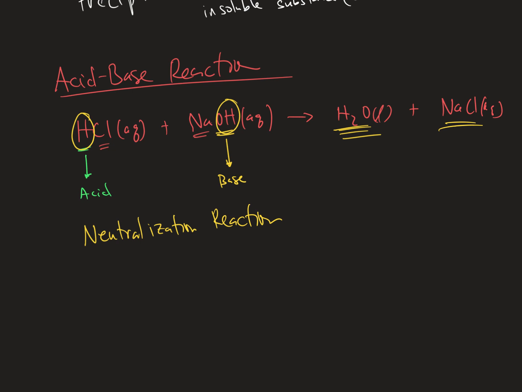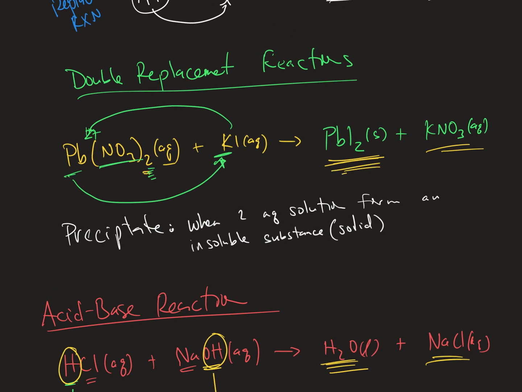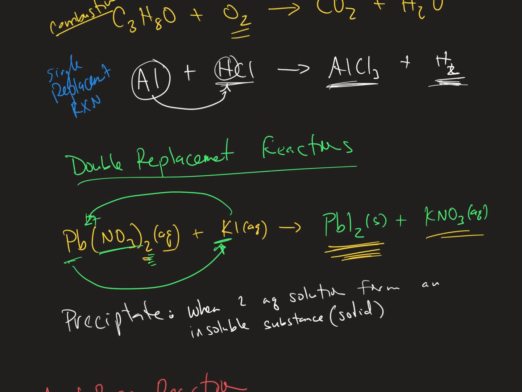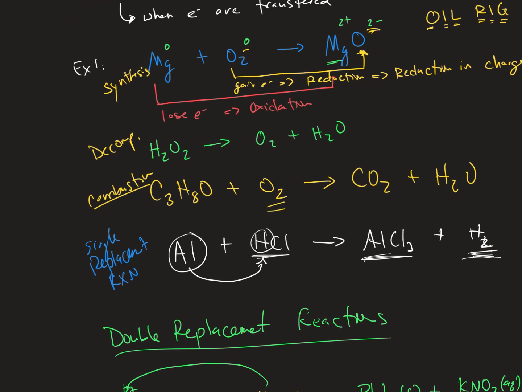How do you tell it's a precipitation reaction? We get a solid forming out of the two liquids, or the two aqueous solutions. So those are the two types of double replacement reaction, and if it's not, it must be an oxidation reduction reaction. Or you can memorize all of these ones. I just gave you the easy route. We good?